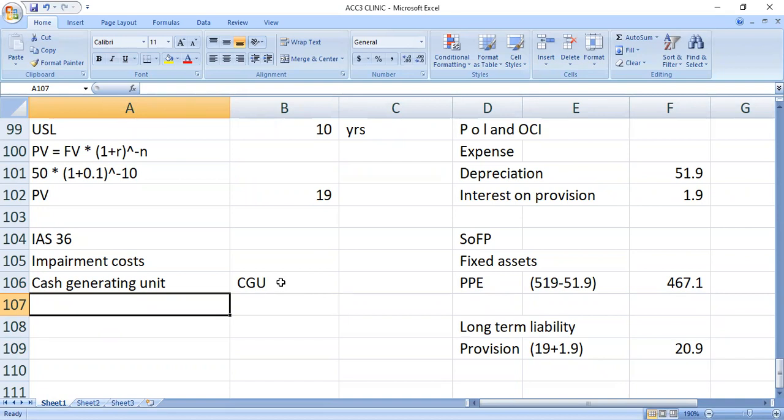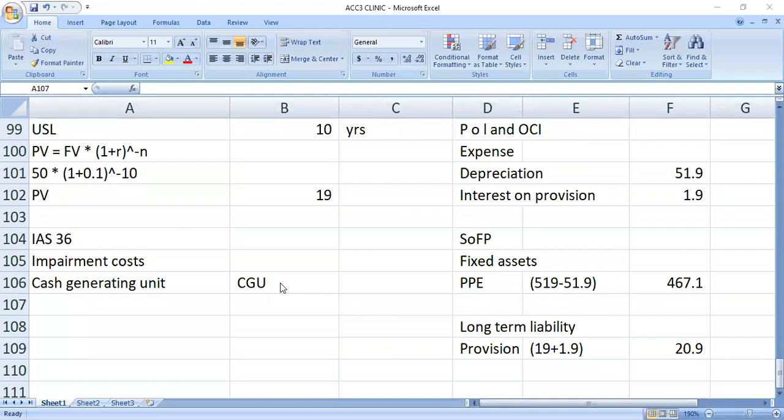Impairment costs, by definition, I know, but in layman's language, I may not really have it clearly. But I can give you a scenario. We say that something, especially an asset, is impaired if your expectations are higher than the actual. Once you're having higher expectations than what you're getting, then we automatically assume that that asset is impaired, and that's why we normally call for what we call an impairment test.